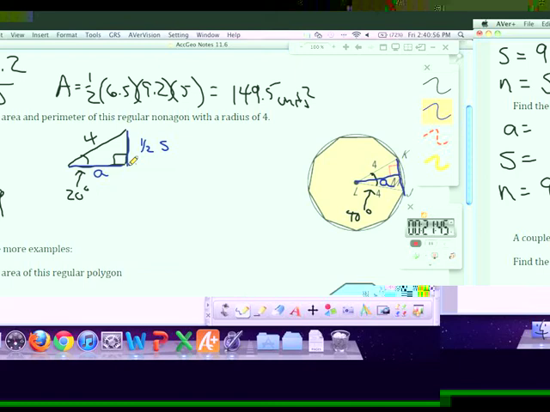I think I heard someone moan about how we're going to have to find those pieces. We're going to have to use trigonometric functions, trig functions. Sine, cosine, tangent.